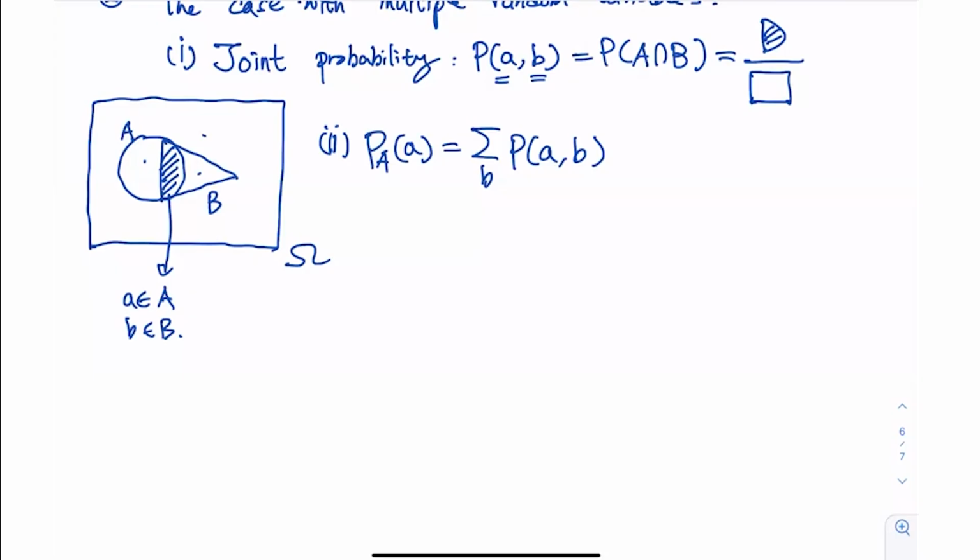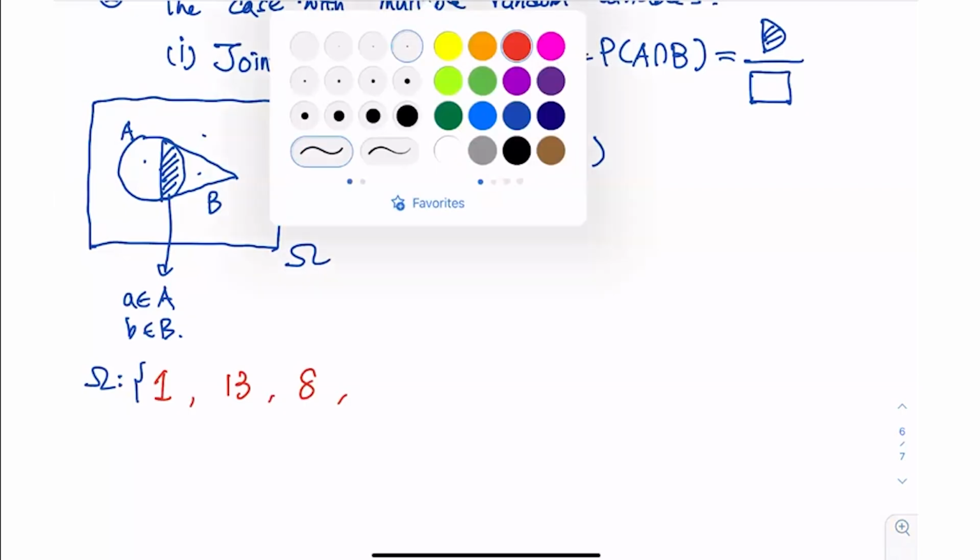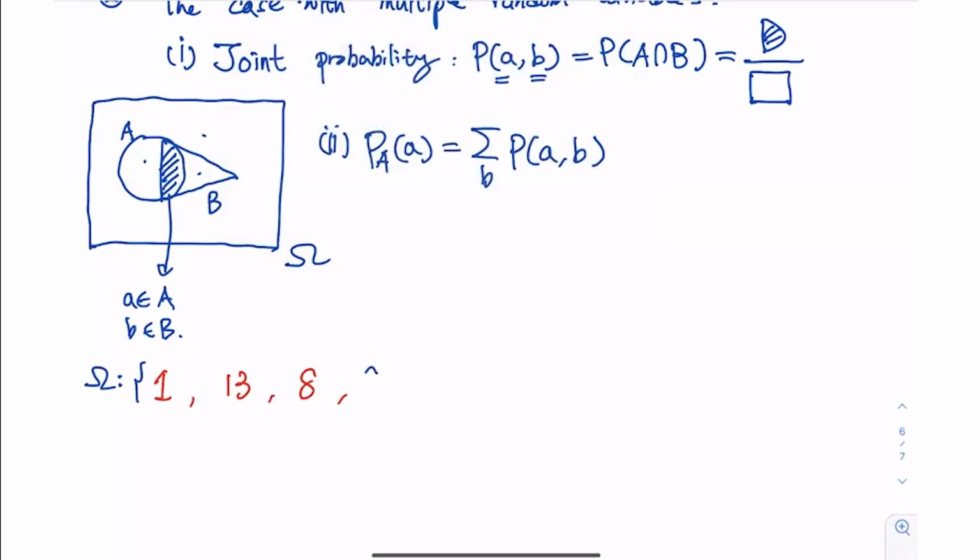Let me try to make this example more specific. Suppose the event space omega is something related to, you know, I just randomly write something. Suppose that's the event space.